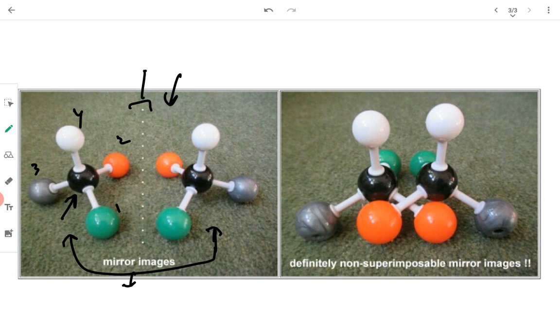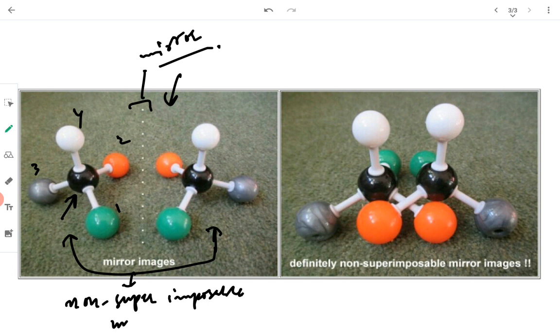So they are mirror images of each other. Are they superimposable or non-superimposable? They are non-superimposable mirror images of each other.